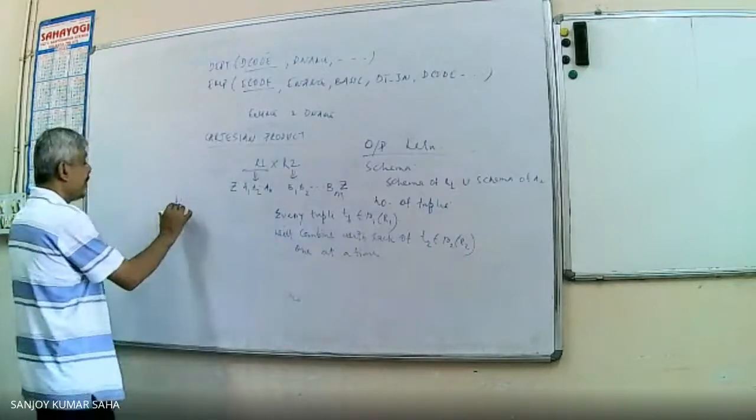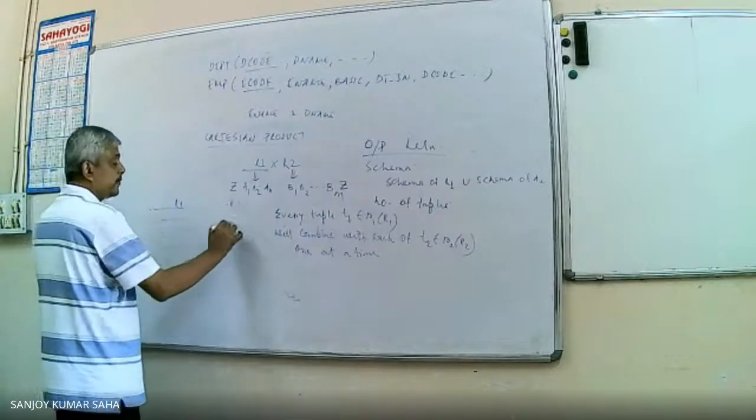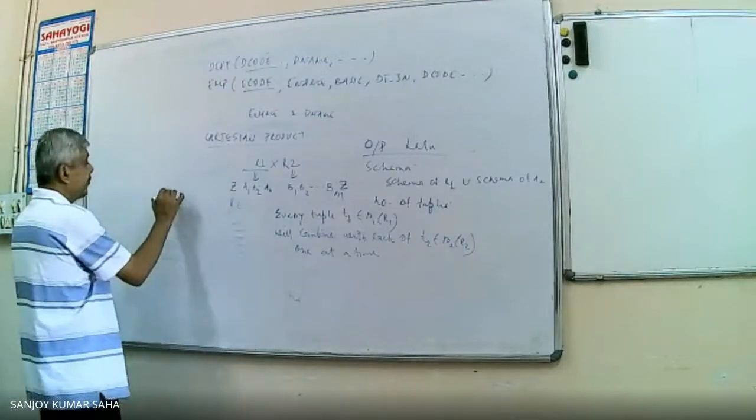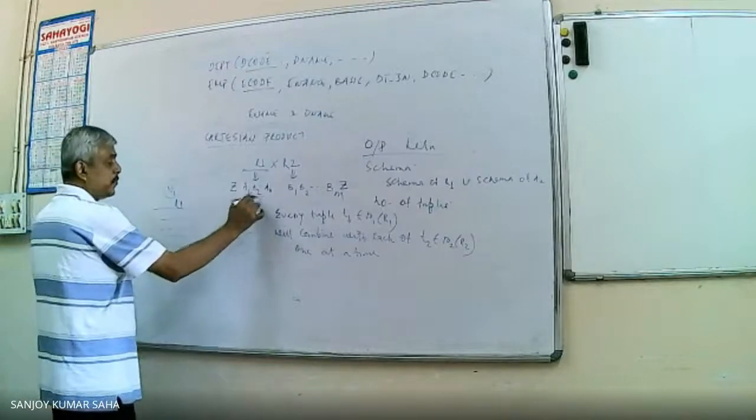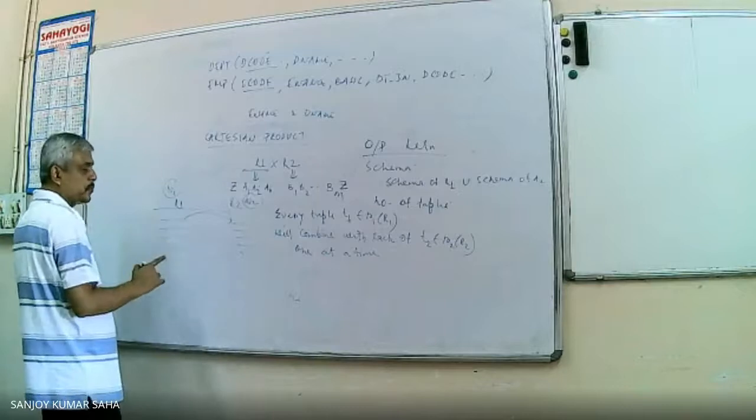Say in R1 we have some tuples, in R2 also we have some tuples. Say here we have N1 number of tuples, N2 number of tuples. So it will combine with this one, and that will produce one output.